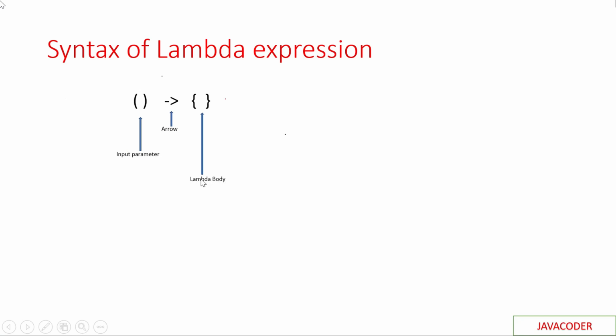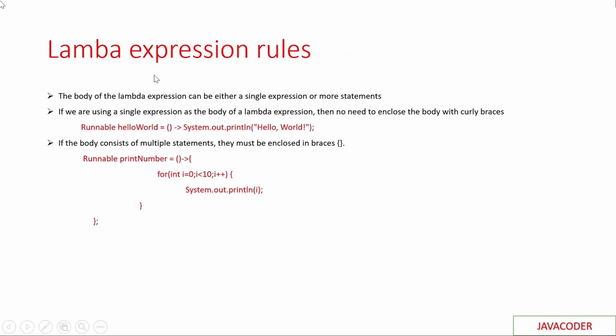So there are a few rules about the body of the lambda expression, so let's discuss them now. The body of the lambda expression can be either a single statement or multiple statements. If we are using a single statement as the body of a lambda expression, then there is no need to enclose the body within curly braces.